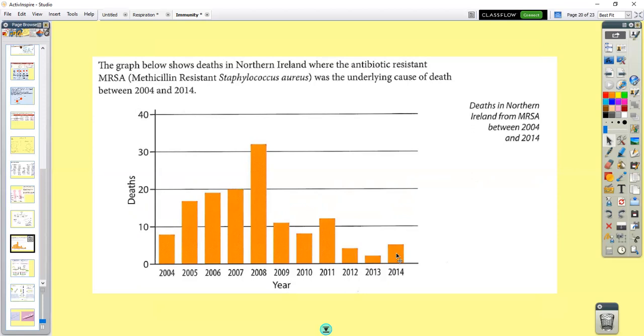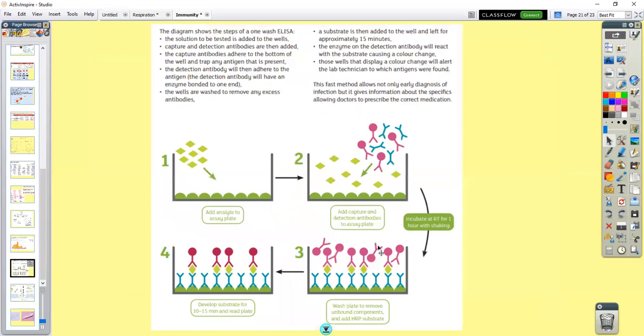Okay. The last bit of this is about diagnosing infection, and it's about trying to think of more accurate and earlier methods of diagnosis. Okay, one way of doing this is using ELISA, which stands for enzyme-linked immunosorbent assay. Okay, and essentially that is using different colors to provide markers for certain diseases.